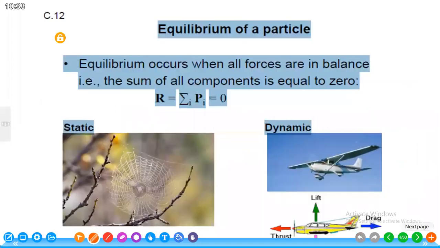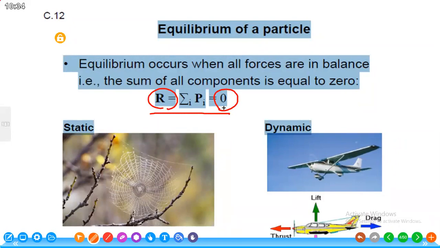Okay. And then equilibrium of particles. Equilibrium occurs when all the forces are in balance. In here, two figures are shown. All the forces are balanced, so the total resultant force becomes 0, and the object will be in equilibrium.